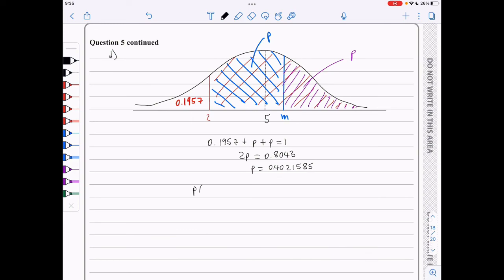So the probability of T being less than M is simply 0.1957 plus P, which is 0.1957 plus 0.4021. I'll be using full accuracy here, inverse normal on the calculator, which leads to an answer of 5.867, which is 5.9 minutes to 1 dp as the question was instructing us.